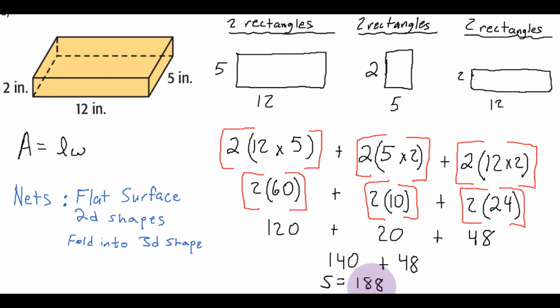So capital S is equivalent to 188. Our units are in inches, so inches squared since it's area. So the surface area of this entire rectangular prism is 188 inches squared. Cool stuff. I'll see you in another problem, guys.